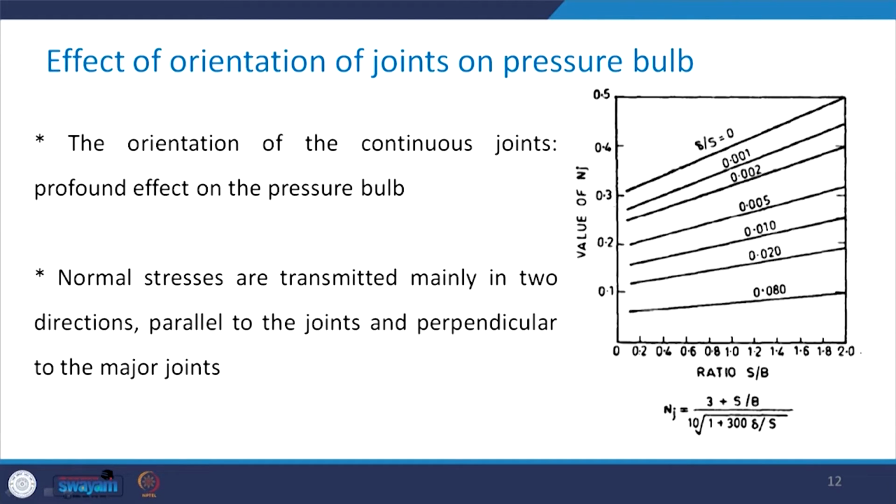Effect of orientation of joints on the pressure bulb, we have seen that earlier also, where I showed you which type of orientation is very favorable, fair, unfavorable or very unfavorable.